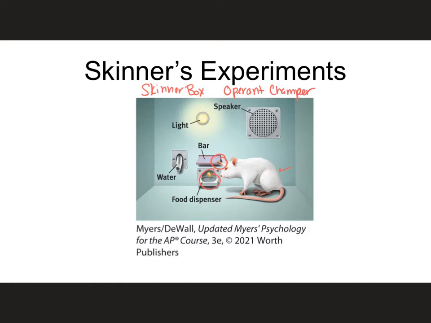So what we would see happening is that the rat would learn to press the lever for food. And eventually the rat learned to pair it with the light, and then the rat would learn that if the light was on, you could press the bar and get food. So we call this the Skinner box.